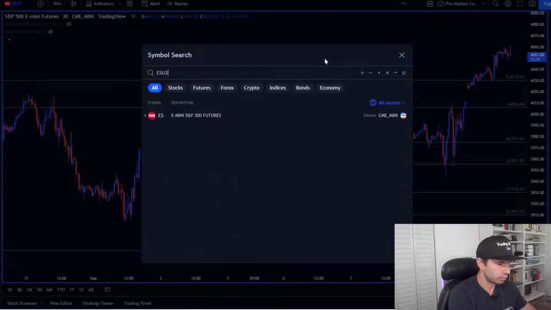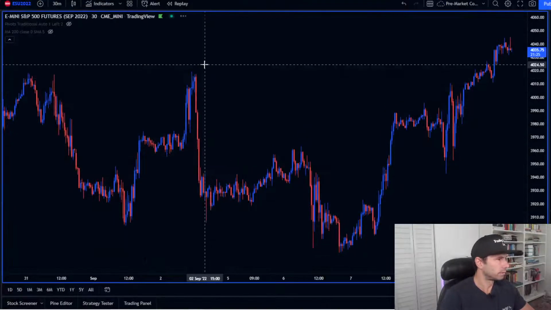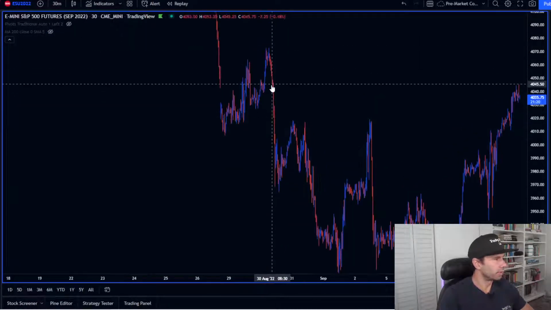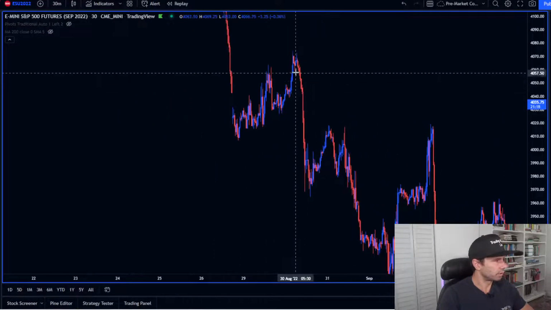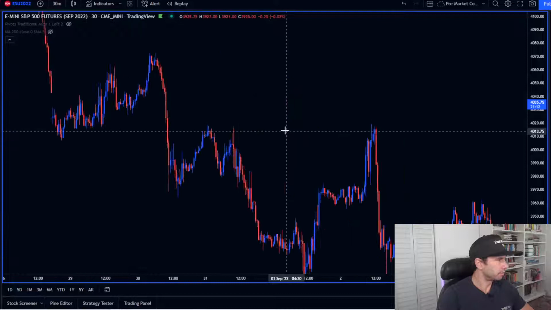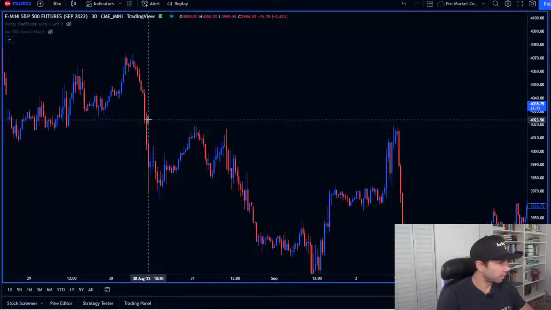Yes, U 2022. I want to be careful here on the ES because I have some sort of supply right here at 9:30. This candle was created at 9:30.